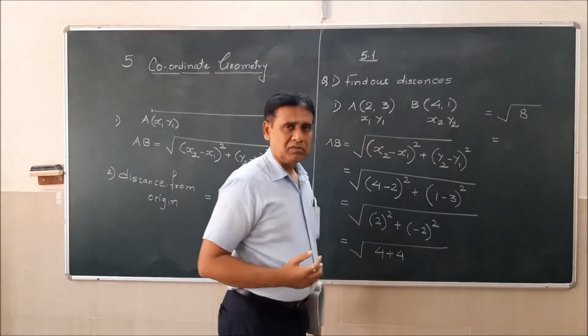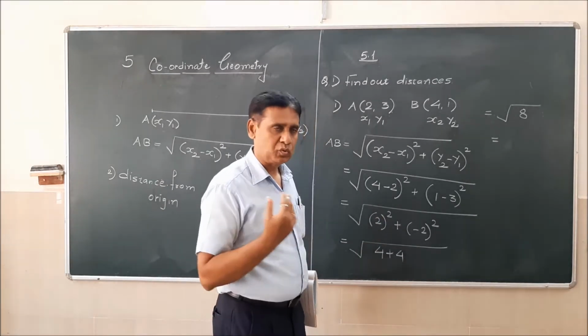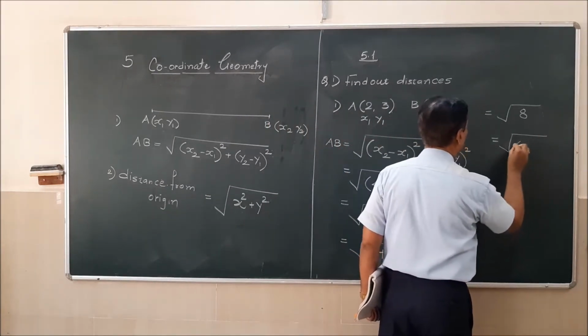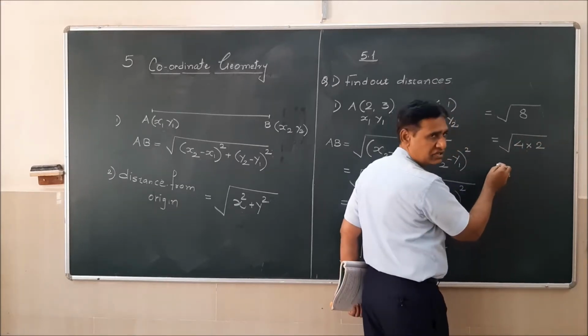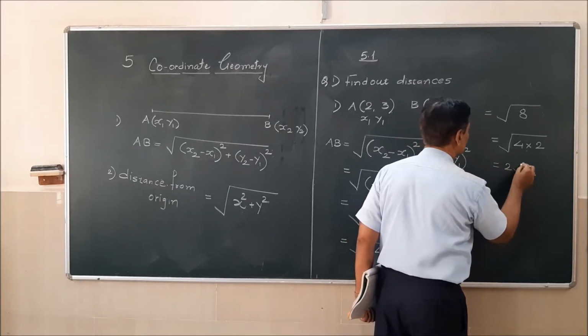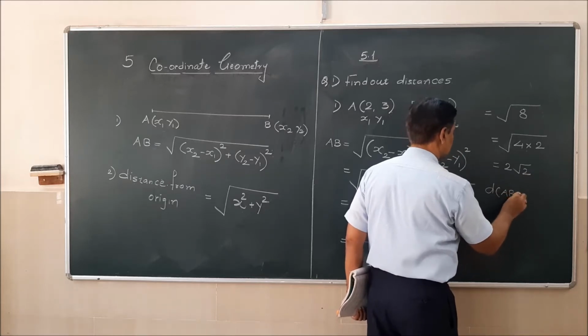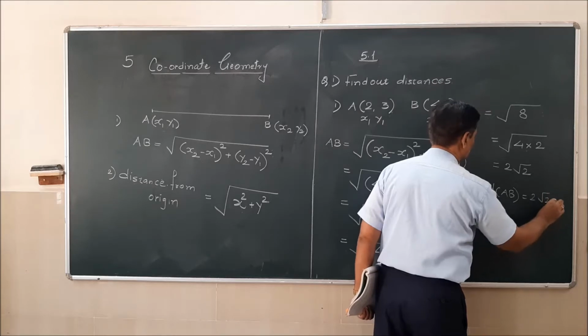But we can split 8 as 4 into 2, so the square root of 4 into 2. The square root of 4 is 2, so our answer is 2 root 2. So distance AB is equal to 2 root 2.